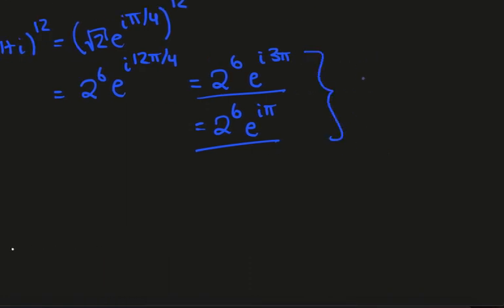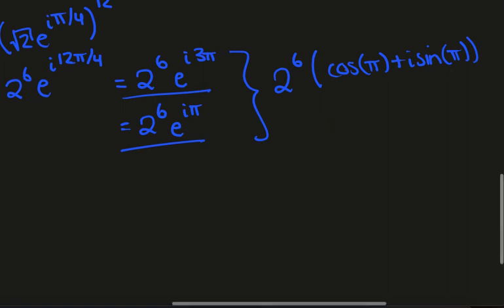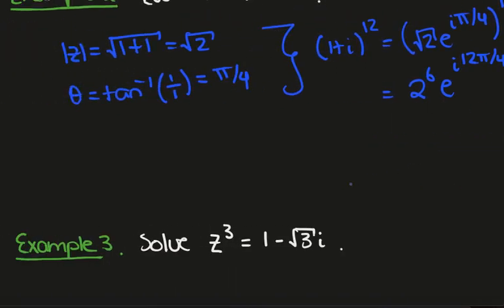If we want to write this in Cartesian form, then this is just 2 to the 6 times cos pi plus i sine pi, and cos pi is just minus 1, so we get minus 2 to the 6, and sine pi is 0, so this is just negative 2 to the power of 6.